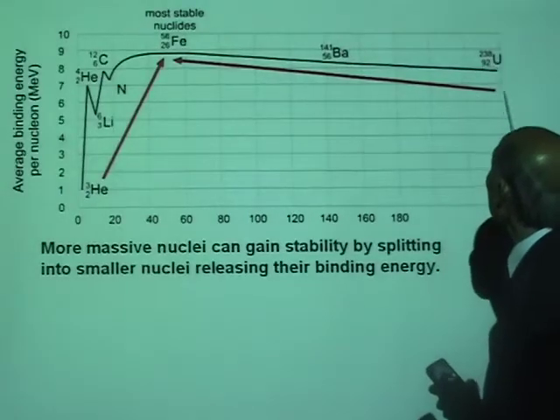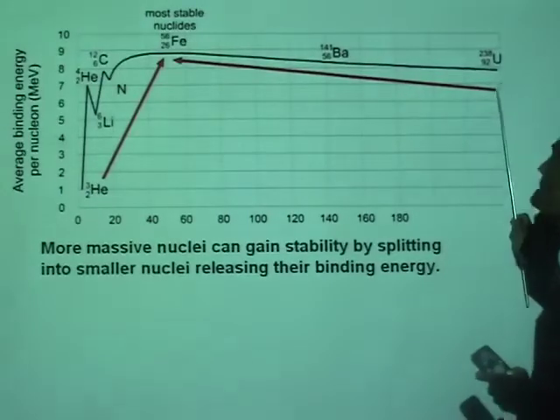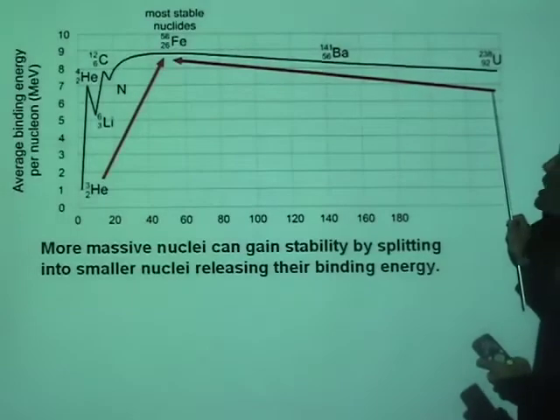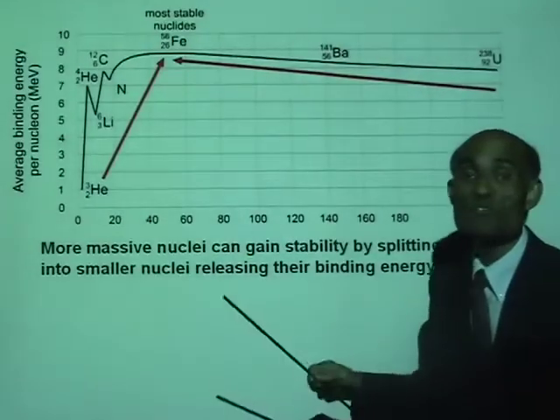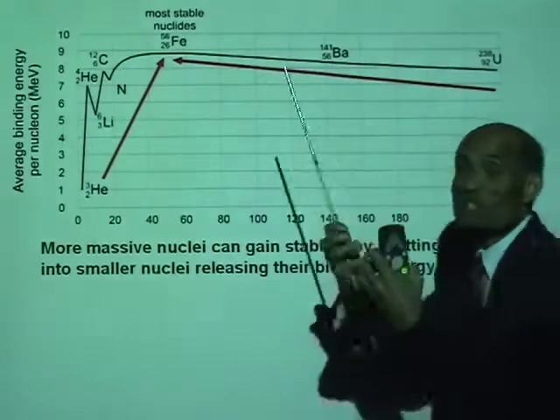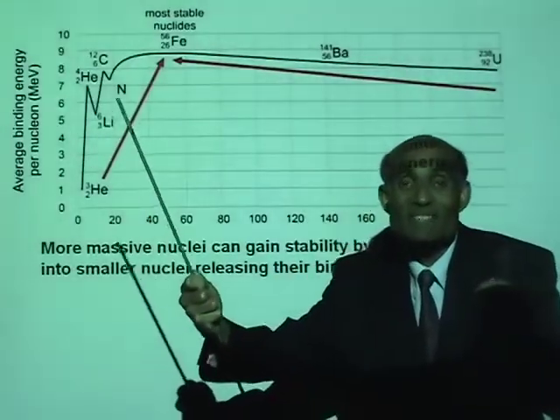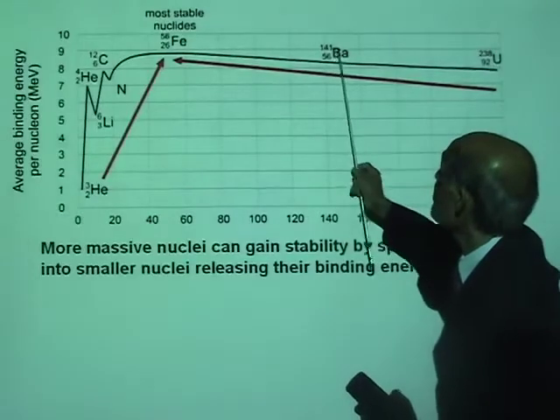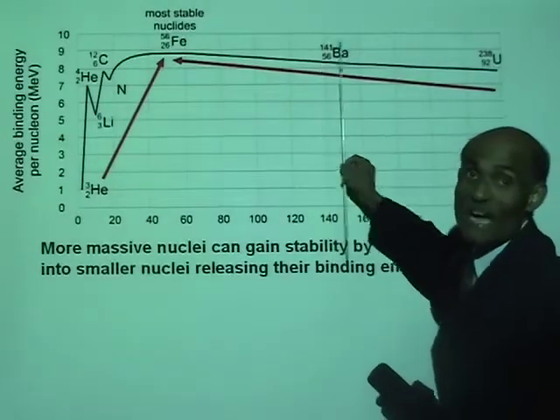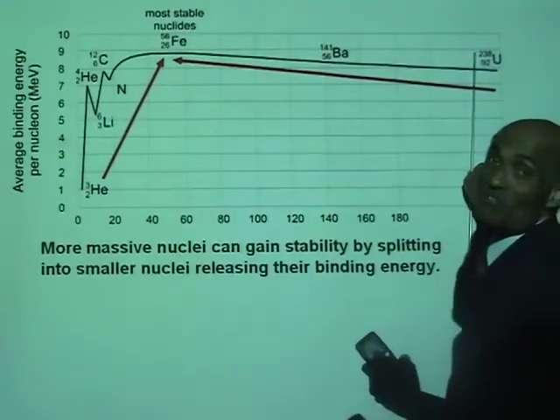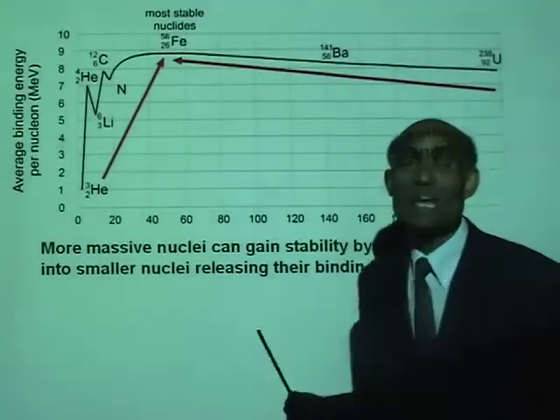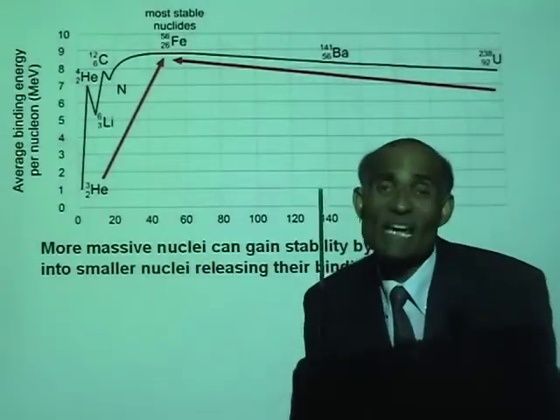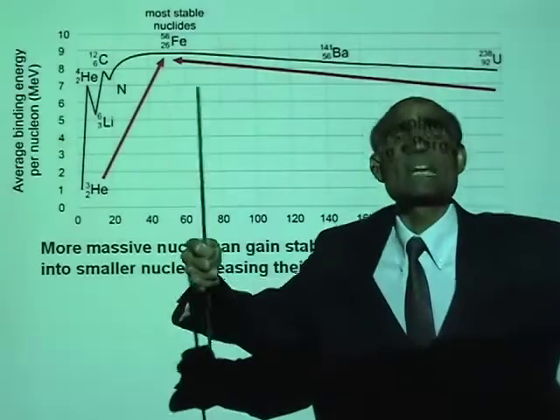So a nucleus of uranium that is here, which has a very low binding energy per nucleon, if it splits into two pieces, each piece will have a binding energy per nucleon greater than the parent nucleus. So uranium is a good candidate for splitting into pieces.